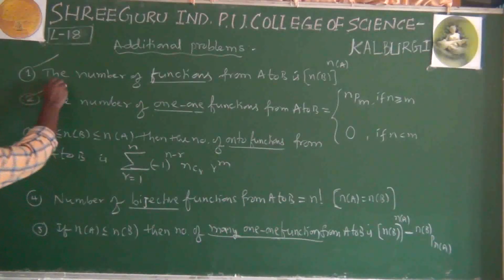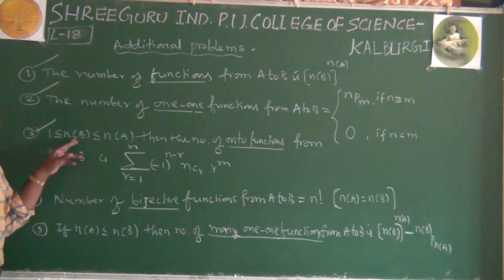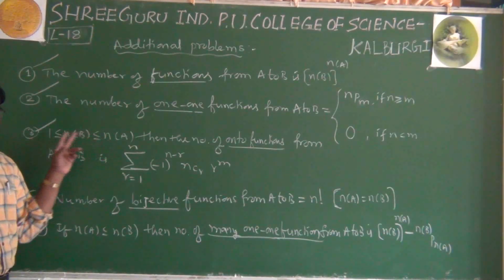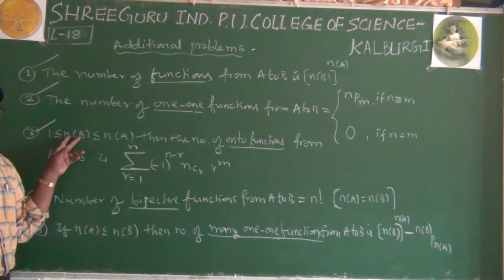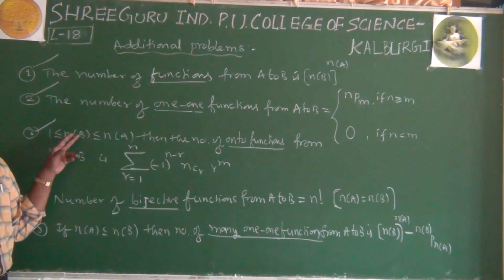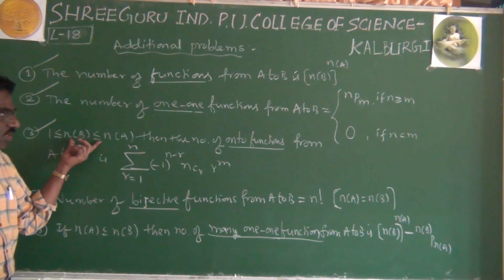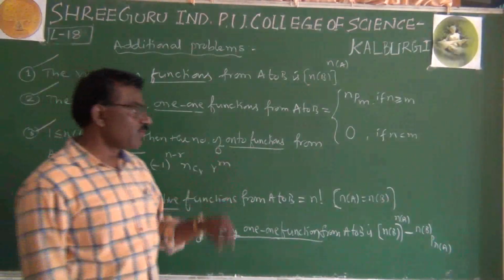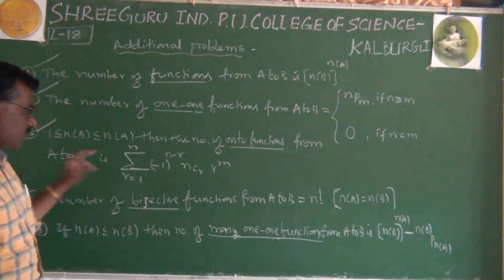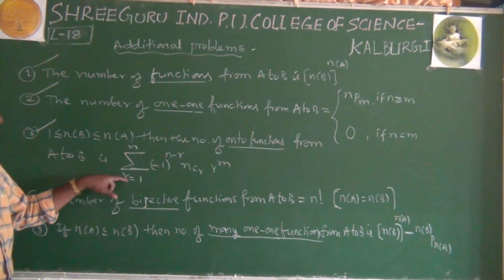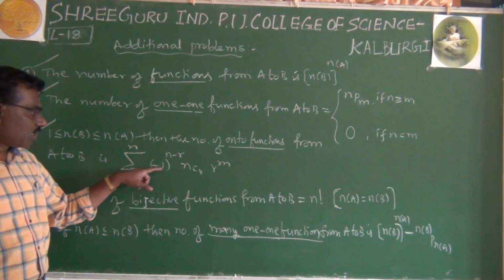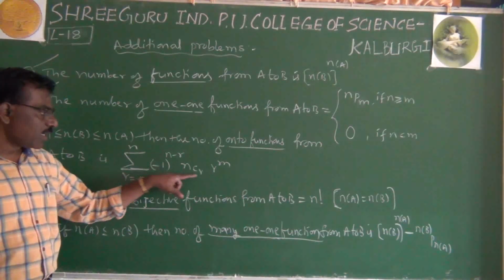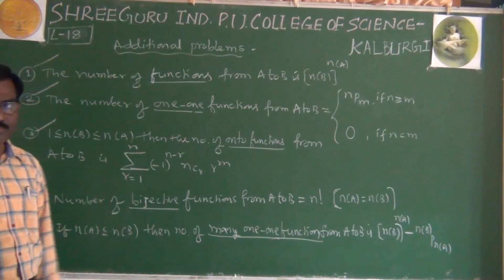Now the third one. n of B is less than n of A, that is n less than m. In this condition, the number of onto functions from set A to set B is the summation, r equal to 1 to n, of minus 1 to the power n minus r, nCr, r raised to m.